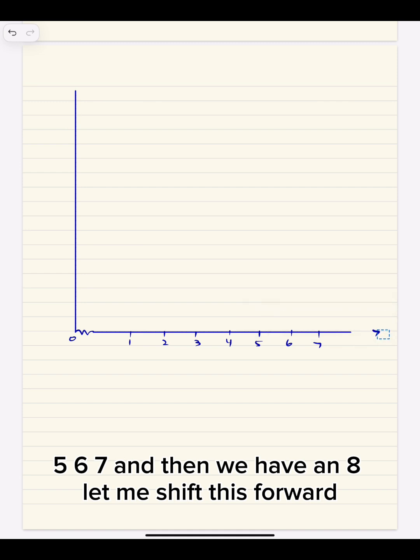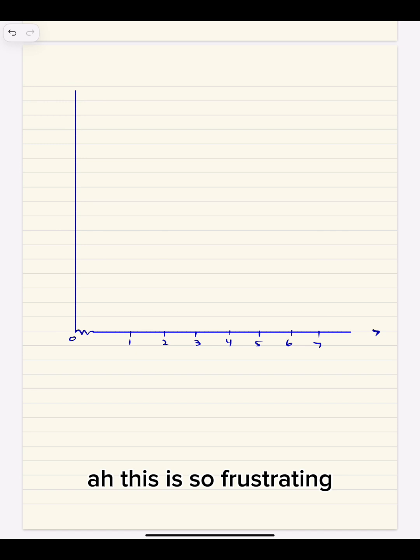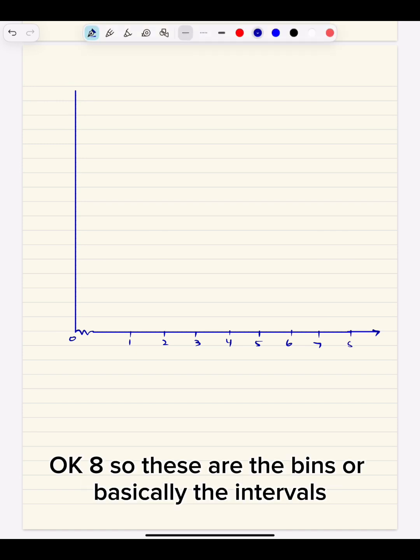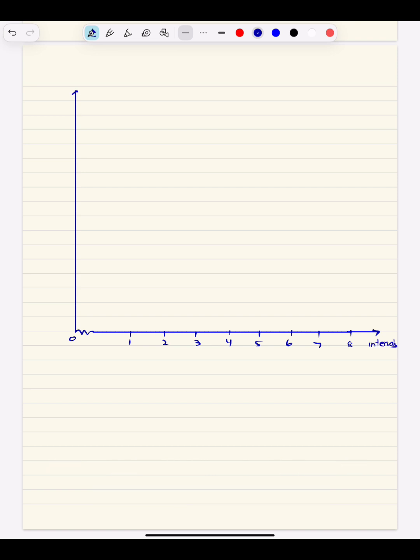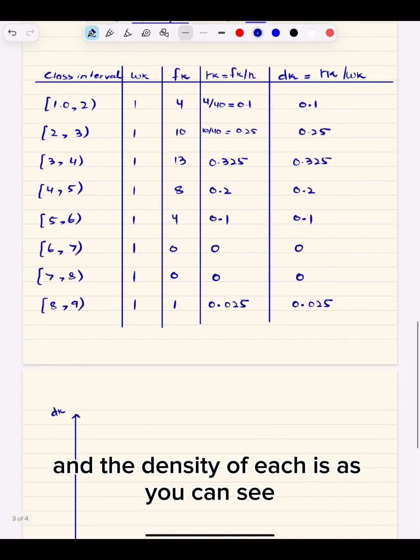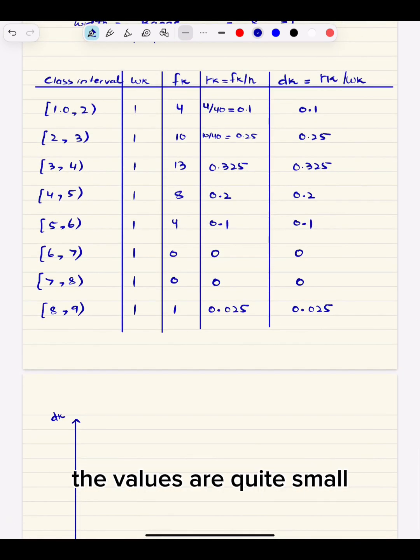Let me shift this forward. Oh, this is so frustrating. I'll just extend it like this. Okay, 8. So these are the bins, or basically the intervals. And the density of each, as you can see, the values are quite small.